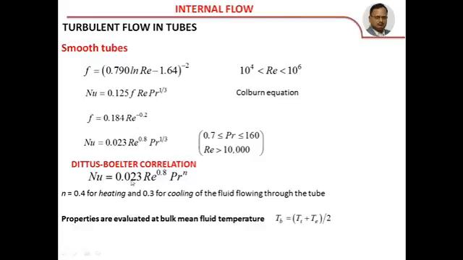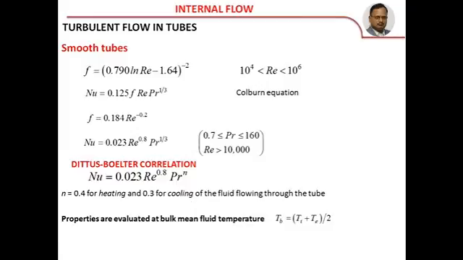And this equation, Nusselt number equal to 0.023 Re to the power 0.8 into Prandtl number to the power 1 by 3. The range of Prandtl number and validity for Reynolds number is given. More famously, in most of the designs of heat exchangers or pipes, they use this Dittus-Boelter correlation, which is Nusselt number equal to 0.023 Reynolds number to the power 0.8 Prandtl number to the power n.